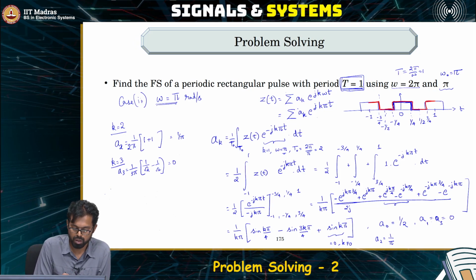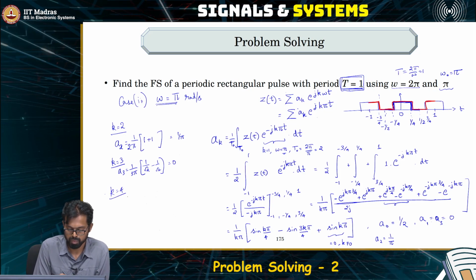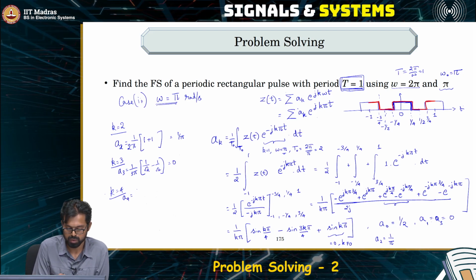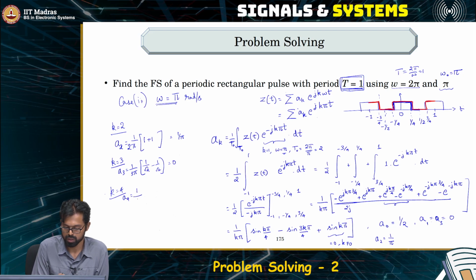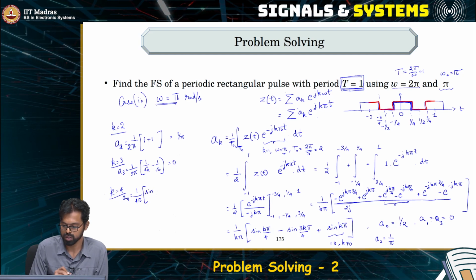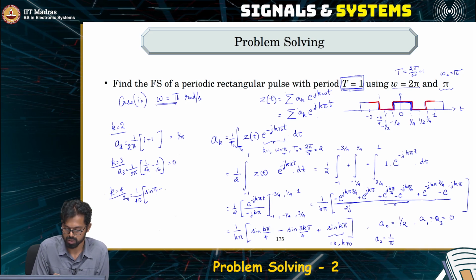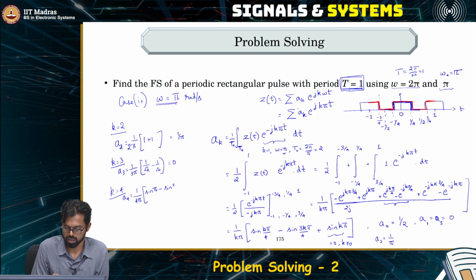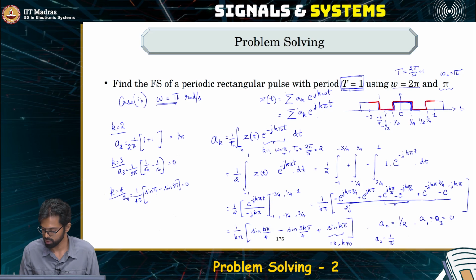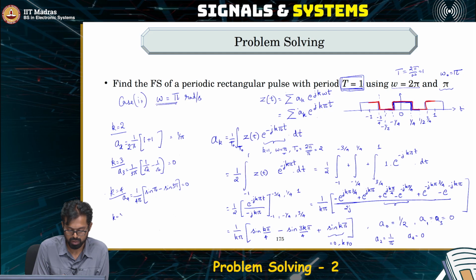Now what about A4? So now this becomes 1 by 4 pi sine pi minus sine 3 pi, which is 0. So A4 is also 0. What is A5?